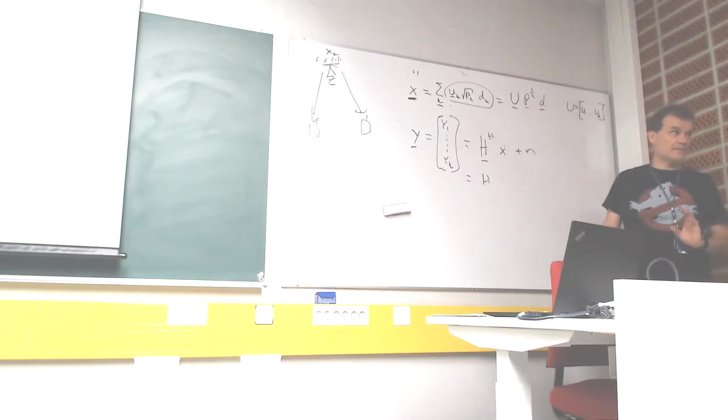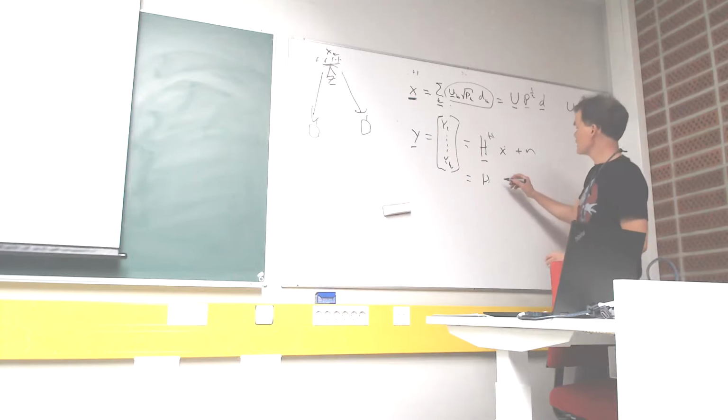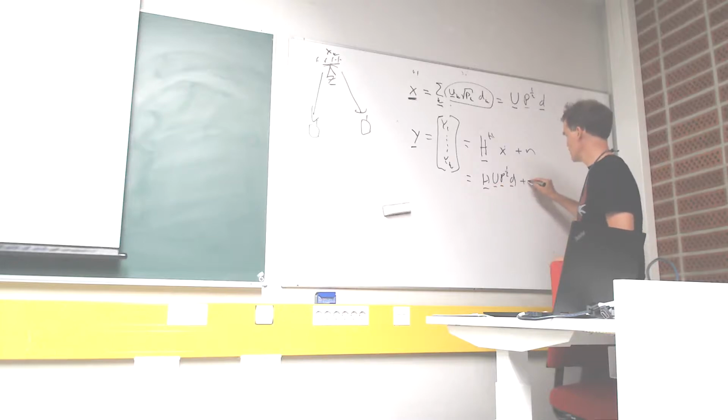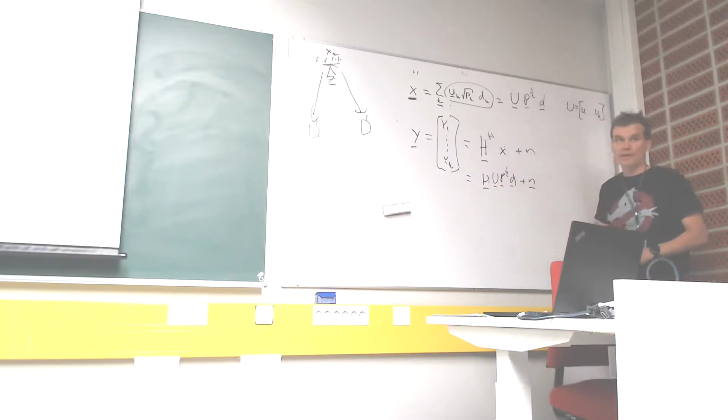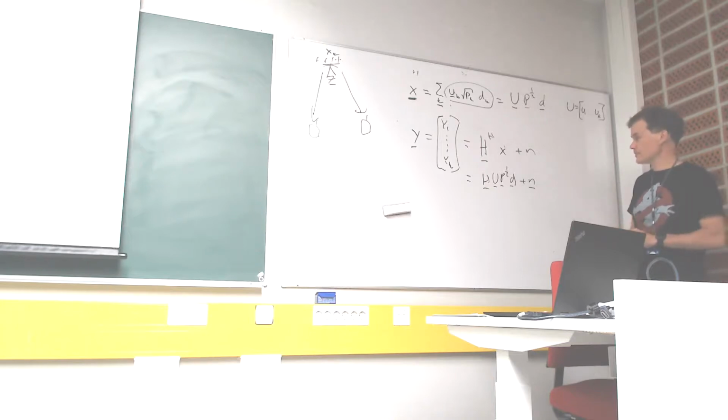This is pretty clear by now. So you can plug that in here, H Hermitian U squared plus n, in matrix form.